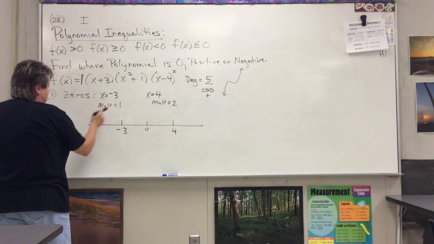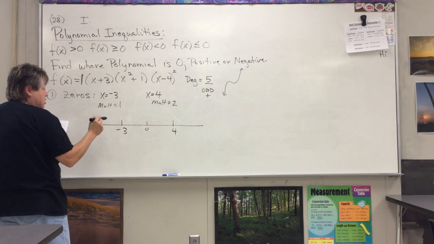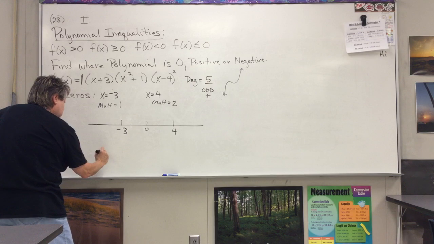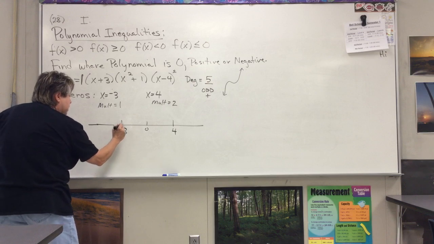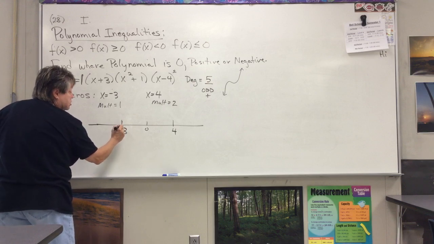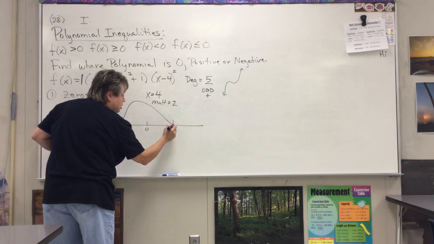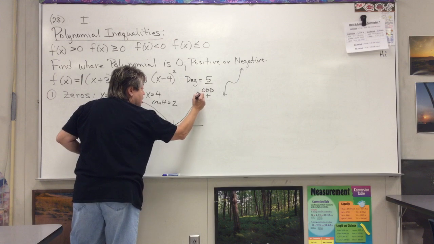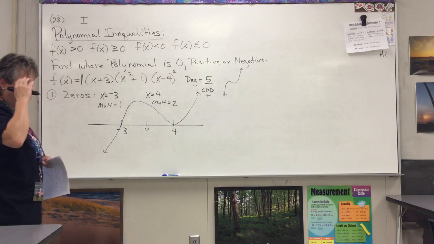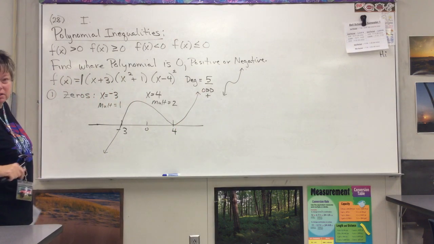If our multiplicity is odd, we are going to pass through, or cross, the zero. If the multiplicity is even, we should touch and go. So we have in our mind a little bit of a graph that looks like this.